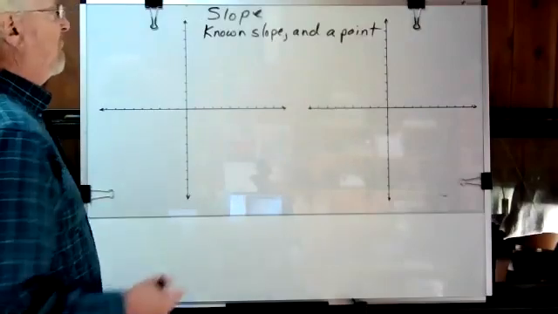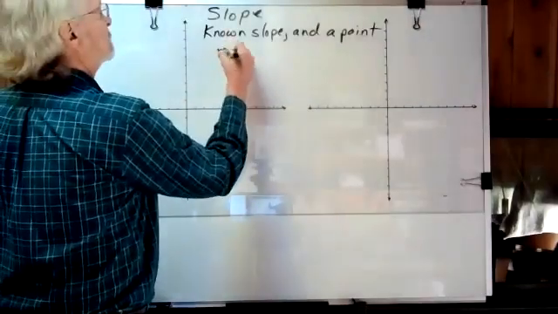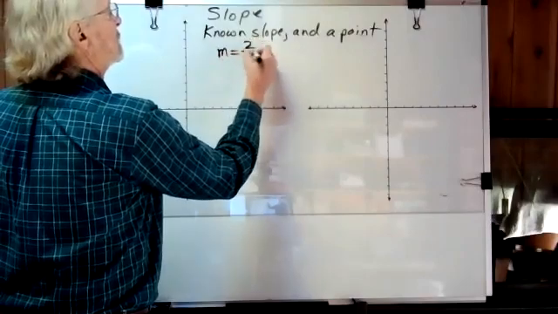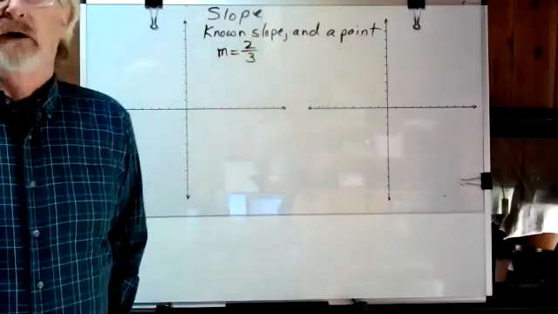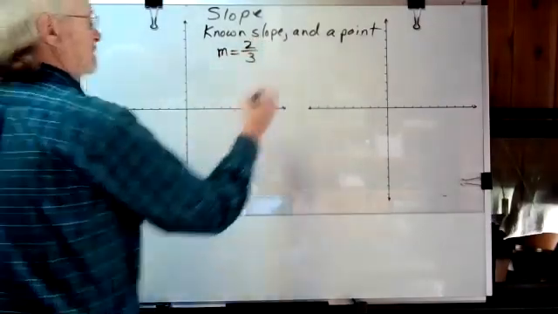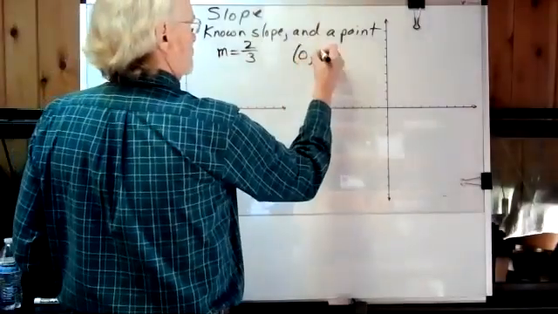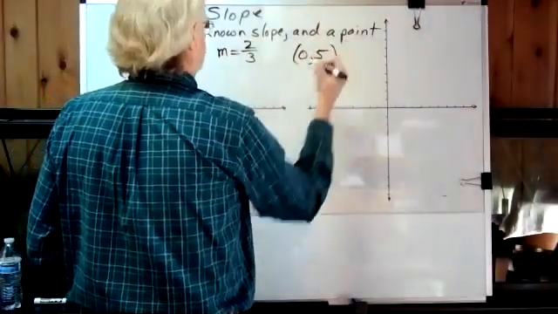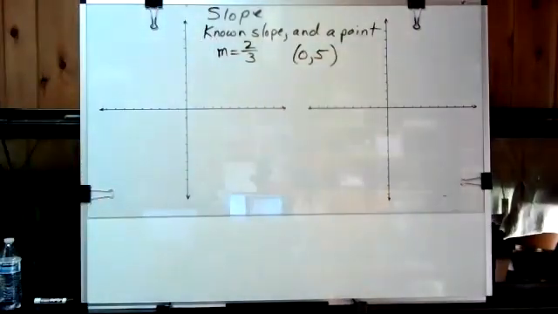So let's say I know a slope value. And I know a point. Okay. I know one point that's on that line, and that line has a slope of 2/3.